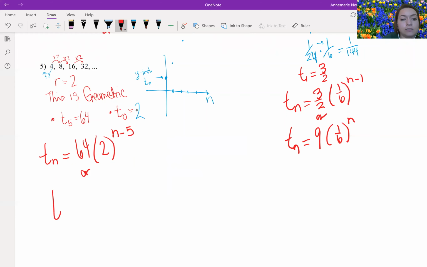Or T sub n is equal to, using the 0th term here, which is 2, my common ratio is also 2, and this will be to the nth power. If we wanted to do the first term, which you can see in the sequence, T sub n is equal to my first term 4 times my ratio, 2, raised to the n minus first power.